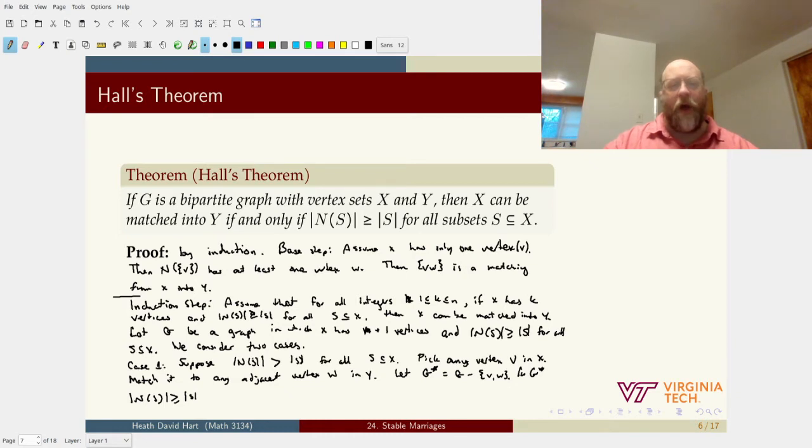But if I dropped Y from the neighboring set, then this set gets smaller by 1. Now, if both sets get smaller by 1, the inequality stays the same. If this set gets smaller, but this one doesn't, the inequality still stays the same.